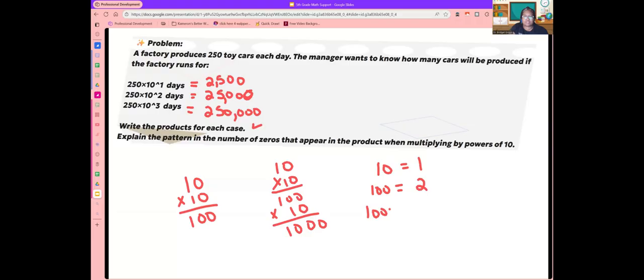For 1,000, you would add 3 zeros. And this goes on and on and on. So even if you had 100,000 that you were multiplying by, then you would add 5 zeros. 1, 2, 3, 4, 5. So 5 zeros behind whatever that original number was.